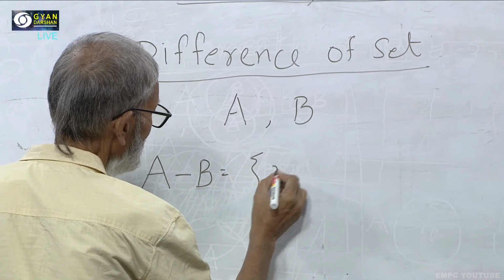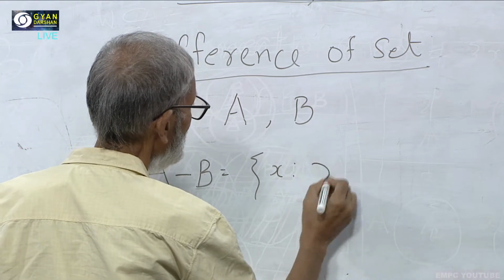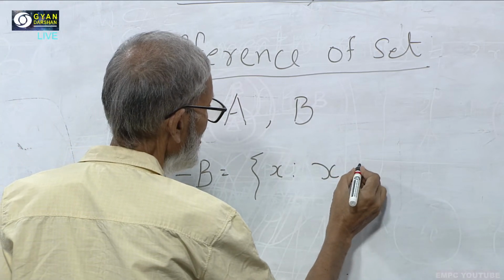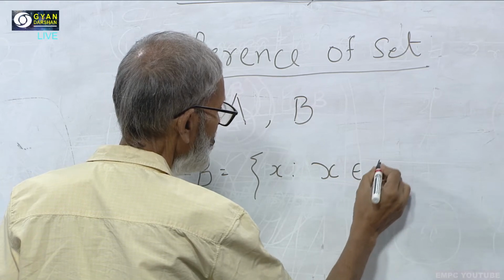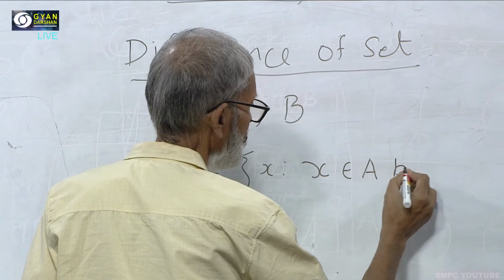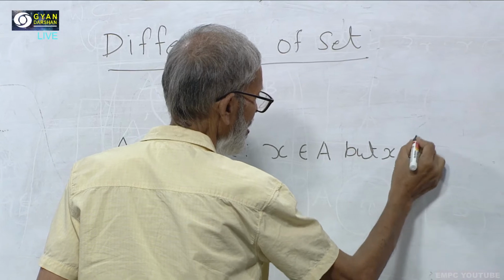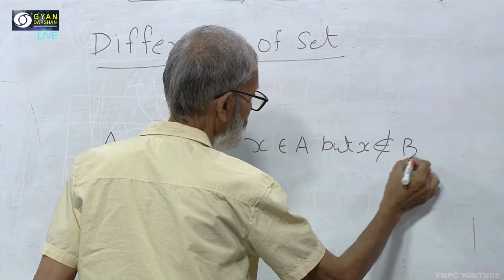We define that x such that x is an element of A but x is not an element of B.